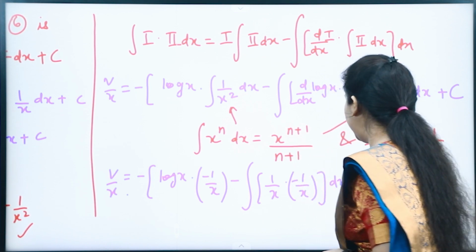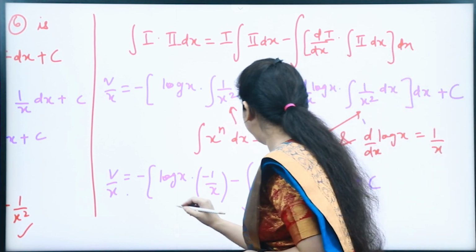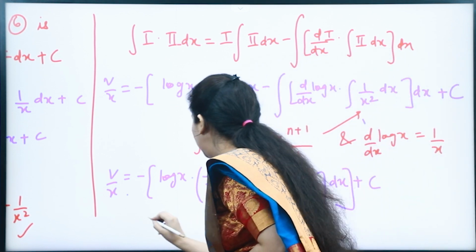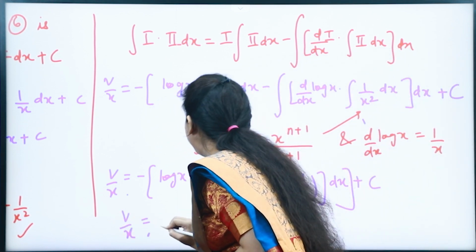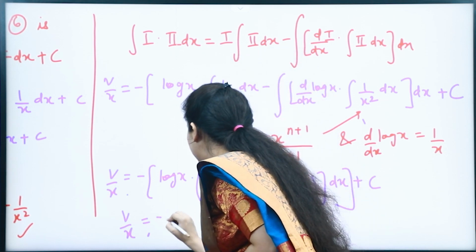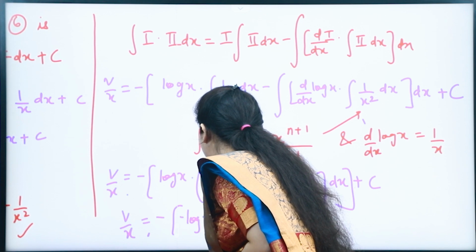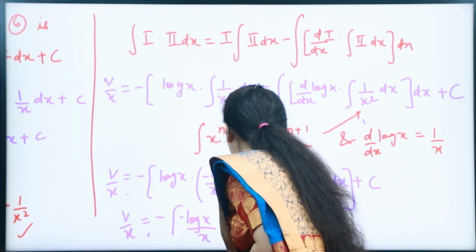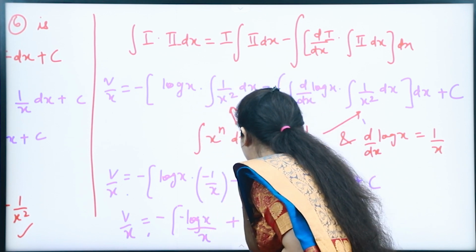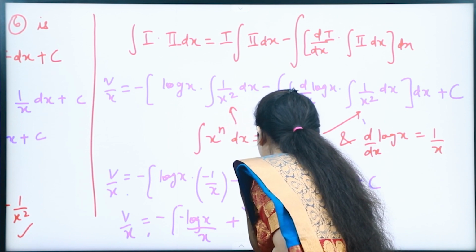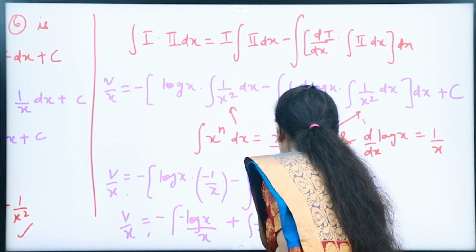So we have to integrate it once again, and v by x is equal to minus of log x upon x, minus of, this minus and minus will become plus, integration of 1 upon x square dx plus c.